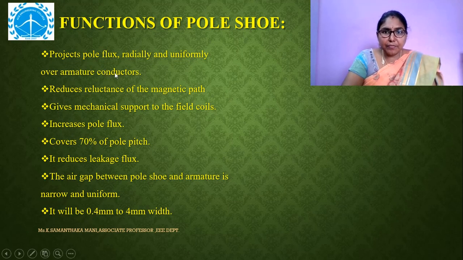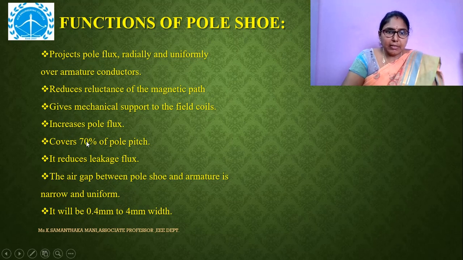This is done with the pole shoe, and it reduces the reluctance of the magnetic path. It gives mechanical support to the field coils, because as the projection of the pole is there, we can easily place the field winding over the poles, so that the pole shoe will give support and the winding does not come out of the pole. That is the major function of the pole shoe.